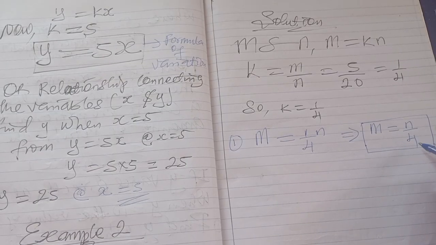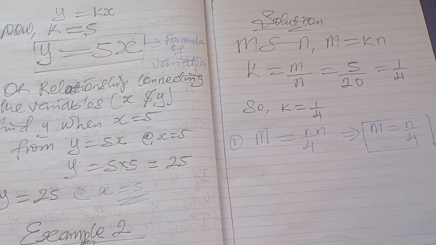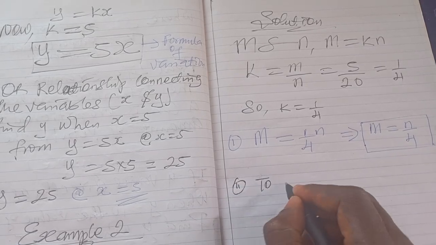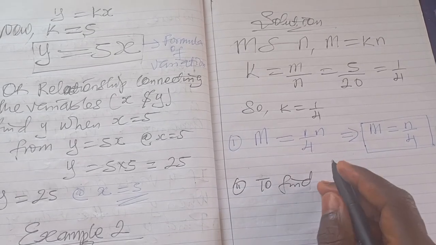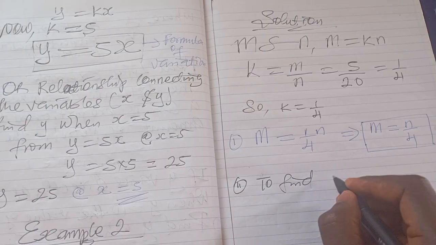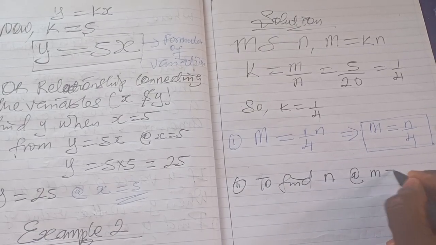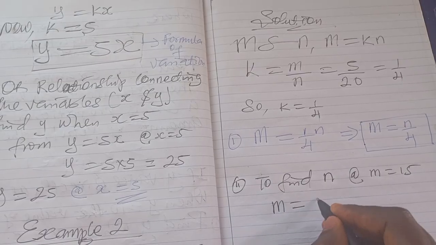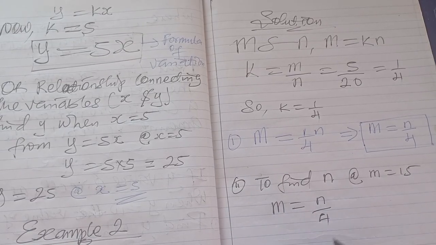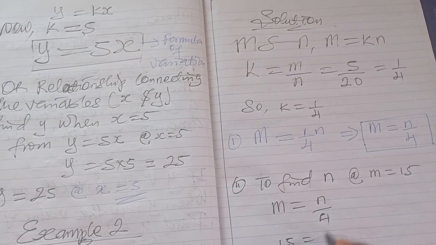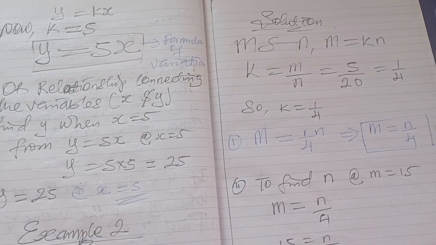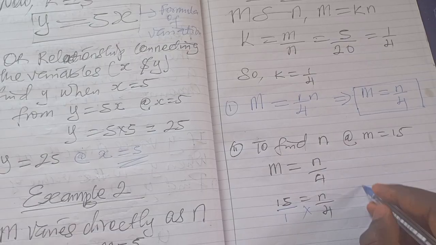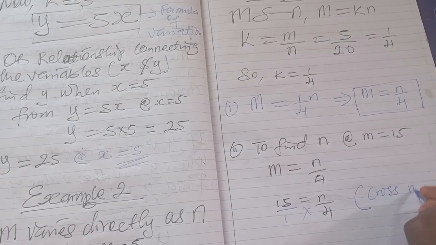Now we're going to use this formula or law of variation to solve other problems. Number 2, find n at m equals 15. So m is equal to n over 4, here 15 is equal to n divided by 4. There is an invisible 1 here. Let's cross multiply.